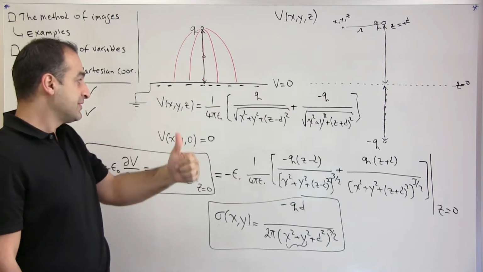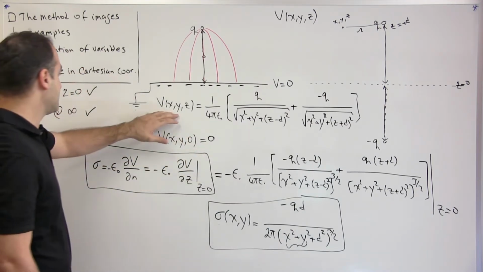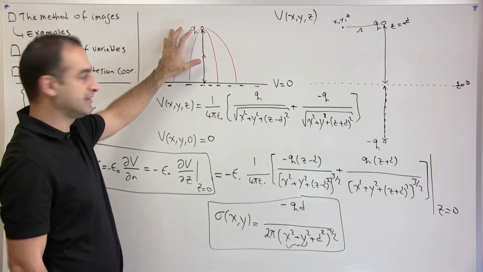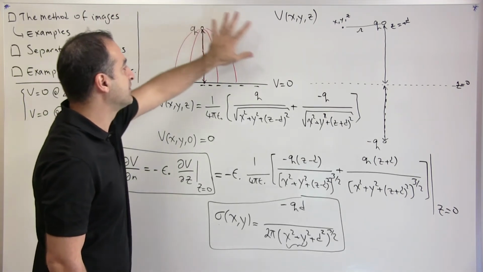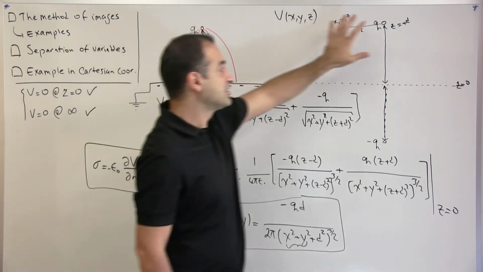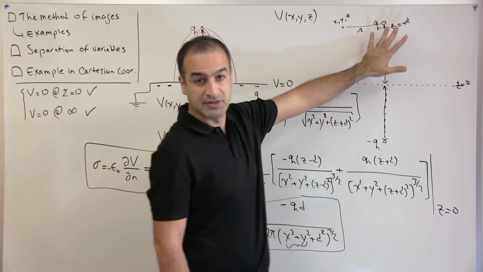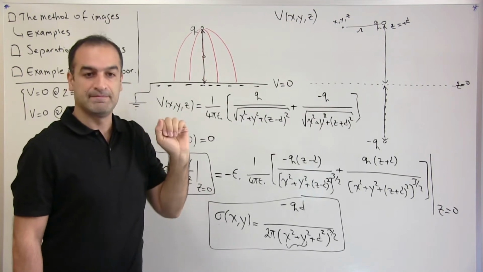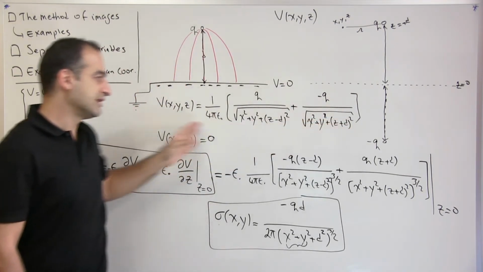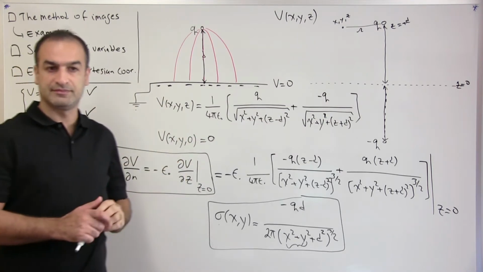The first thing was checking if this potential satisfies the boundary condition that we want for this problem. And if it does, we say the potential created in this situation is exactly the same as the potential created by this situation. Right. So once you do that, then you can use just this electric potential for the rest.